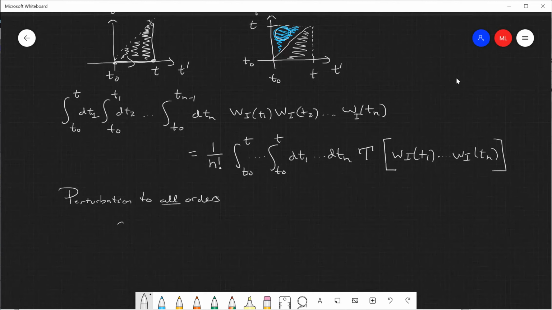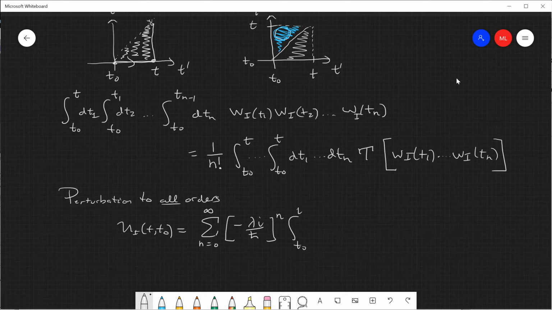namely that the interaction picture evolution operator is a sum over all the terms in your perturbation theory. Each time you get a new factor of lambda I over h bar. So there's a bunch of those factors. Then each time you go to another order in the perturbation theory, you pick up an integral.